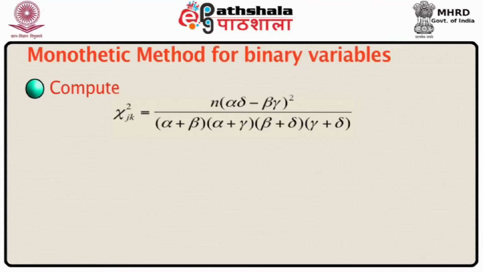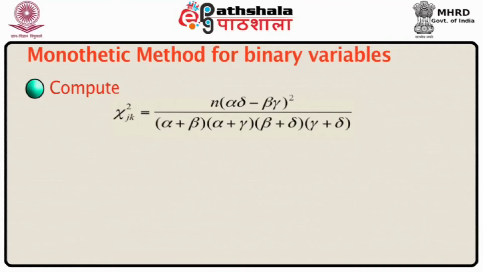Now the numerator: alpha times delta gives the product of the proportions of those who have both j and k and those who have neither j nor k, whereas beta and gamma are individuals who have one of the 2 variables and not both.